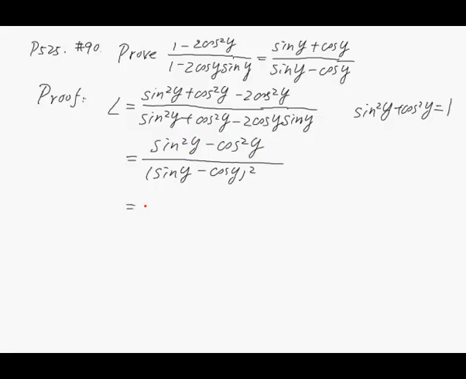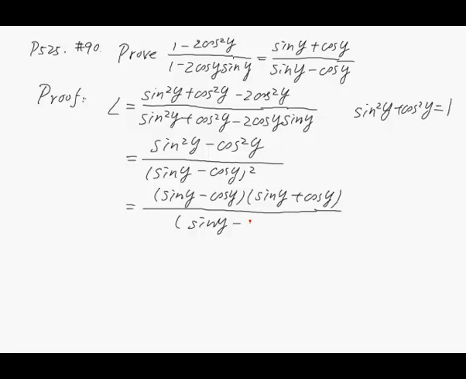Now let's continue to factor this numerator. You have sine y minus cosine y times sine y plus cosine y. And then you can cancel the common factor of sine y minus cosine y from the numerator and denominator.